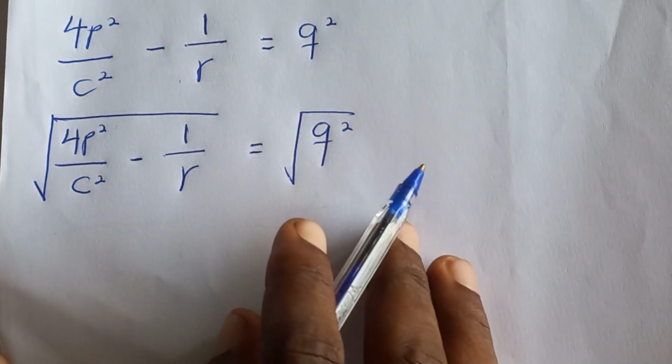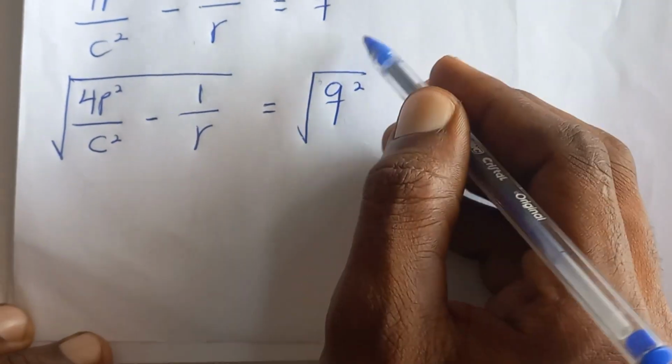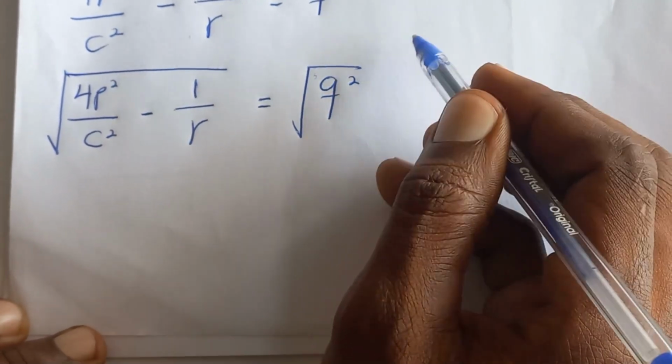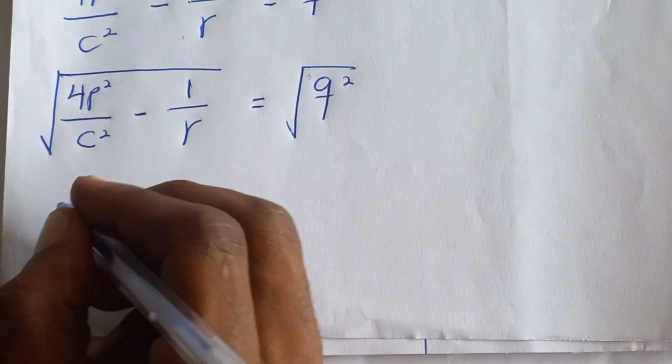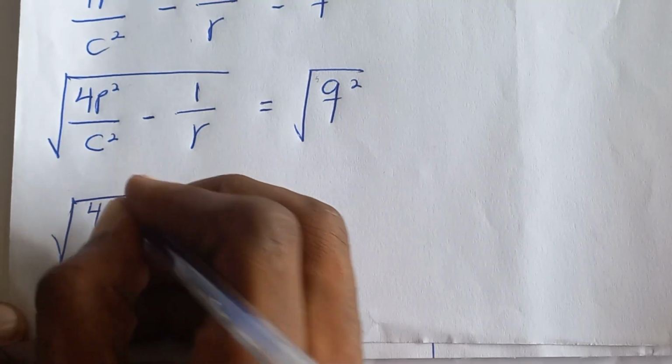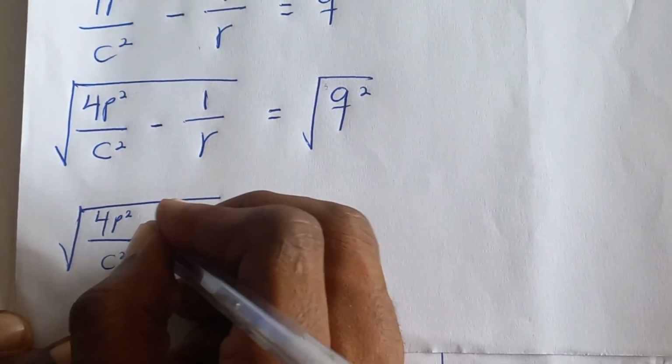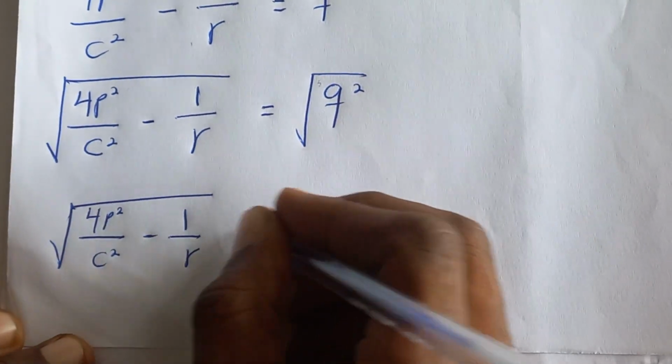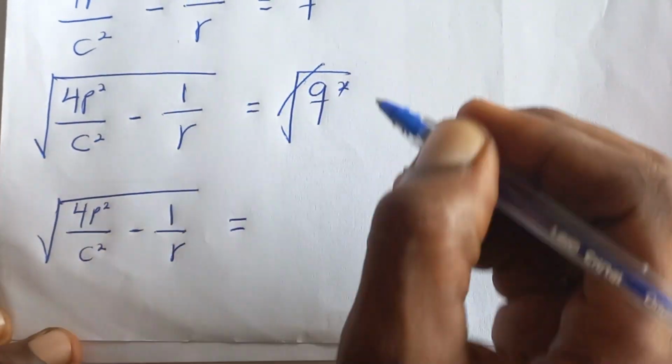Good. And we know that the square root is going to cancel the exponent 2. So we are going to get root of 4p squared on c squared minus 1 on r is equal to, so this one will take care of this, q.